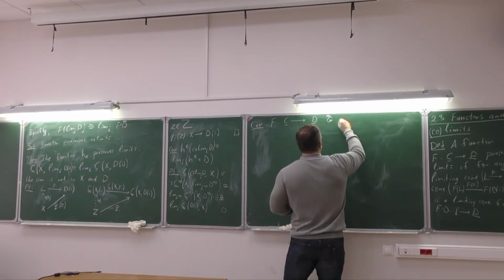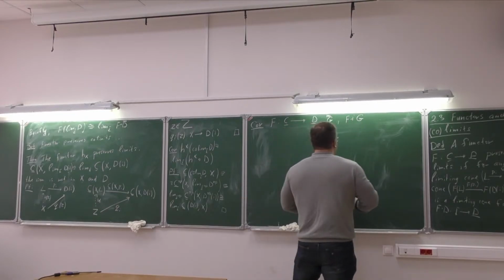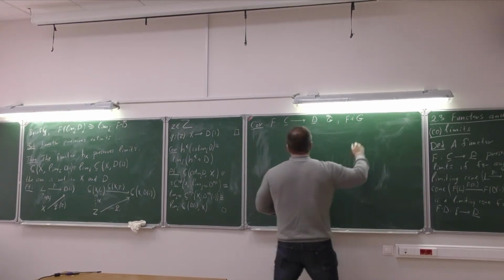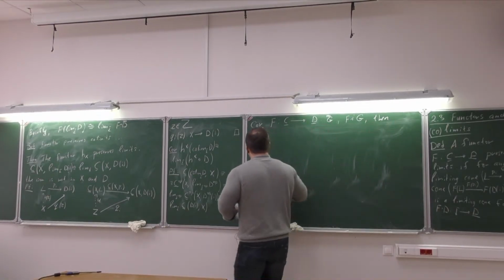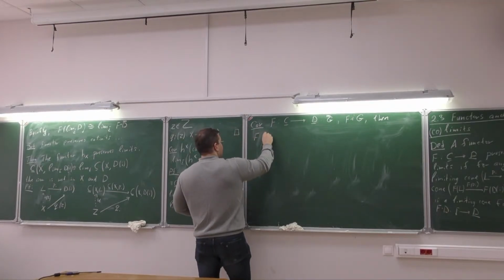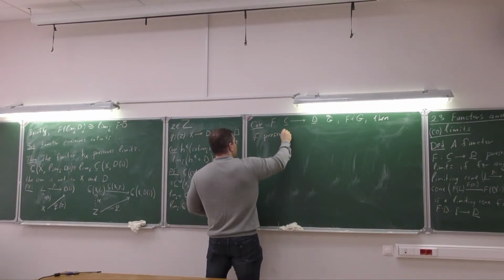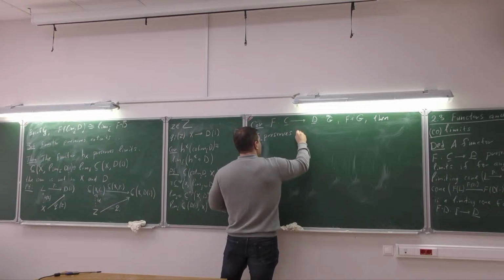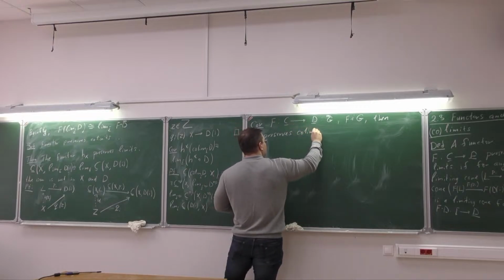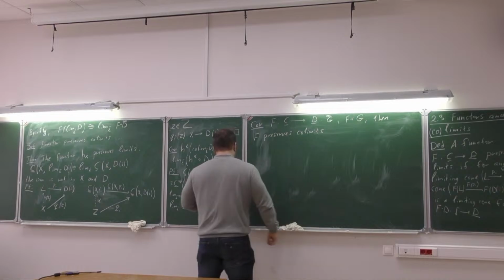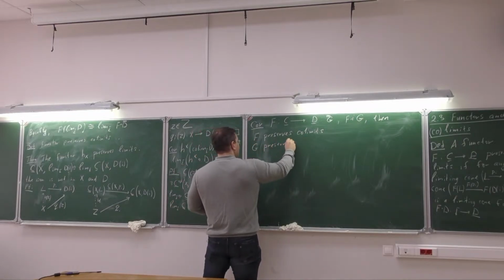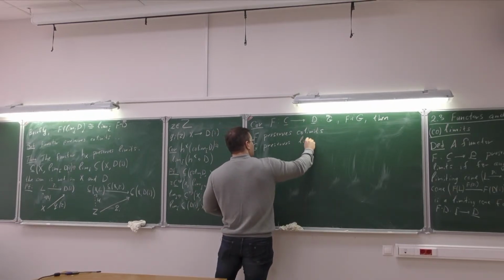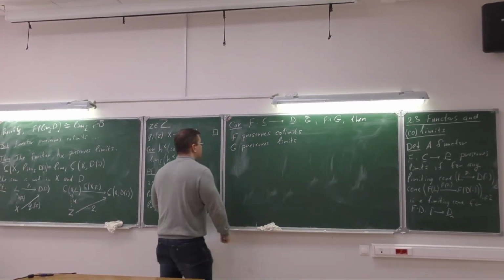I assume that F is left adjoint to the right adjoint functor G. Then, under these assumptions, F preserves colimits and G preserves limits.